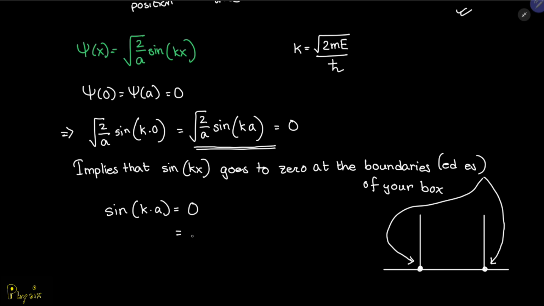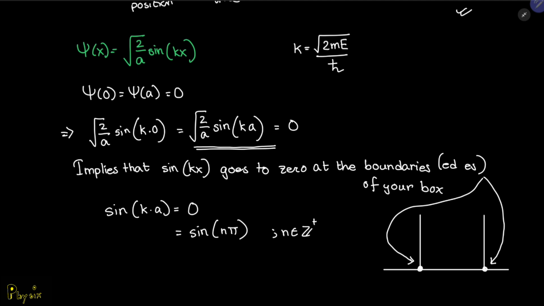And this implies that sine ka is equal to sine n pi, where n is an integer. It can be any integer, but in this case we are only going to consider that n is a positive integer. So I'll write this down over here as a superscript to help us understand that.